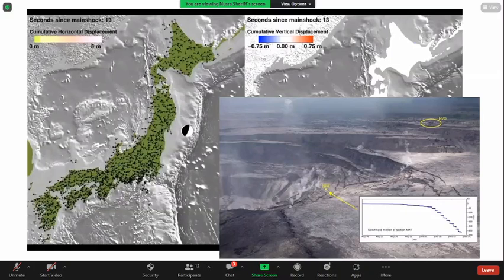Summit caldera, and when summit loses magma, and there are a lot of applications of GNSS like that.